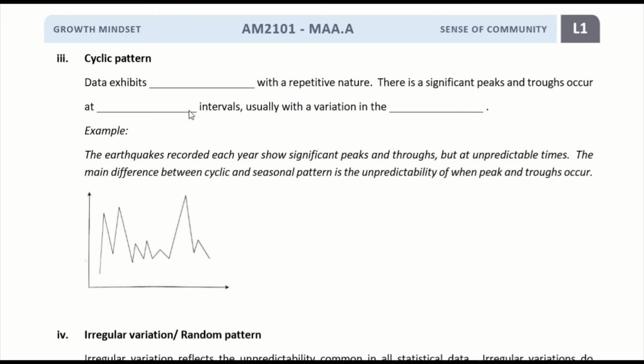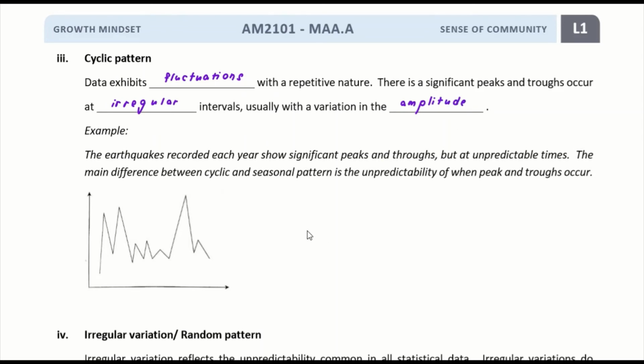Okay. So for a cyclic pattern, data exhibit a fluctuation with a repetitive nature. There are significant peaks and troughs as well, but they occur at irregular intervals. And normally the troughs and the peaks that you have here have a variation in their amplitude, which means in their size, like how much you increase, how much you decrease.